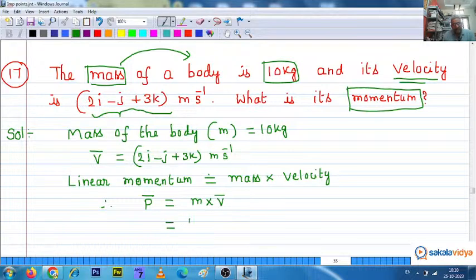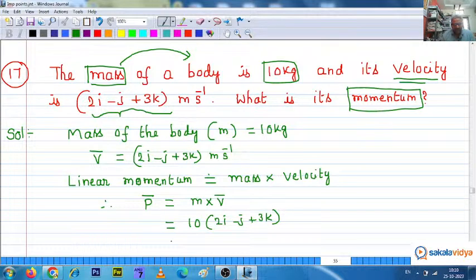Substitute, mass is given by 10, and 10 times v is 2i minus j plus 3k. Now this is called scalar multiplication of a vector. You can multiply a scalar with a vector, and you will always get a vector.